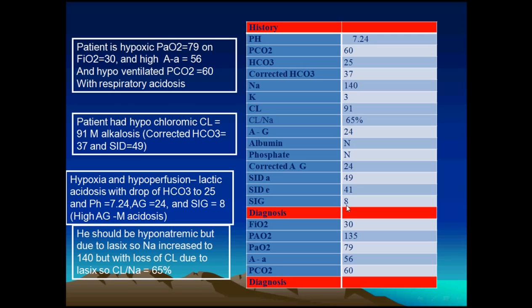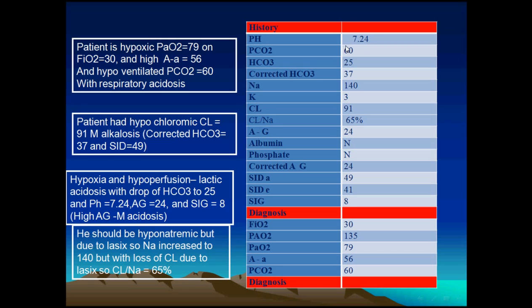These more acids led to the consumption of bicarbonate, from 37 to 25. That's why the anion gap of the patient became high. Instead of being 12, it became 24. This is a very important point. So this patient had hypochloremic metabolic alkalosis due to Lasix, and after that developed a high anion gap metabolic acidosis.